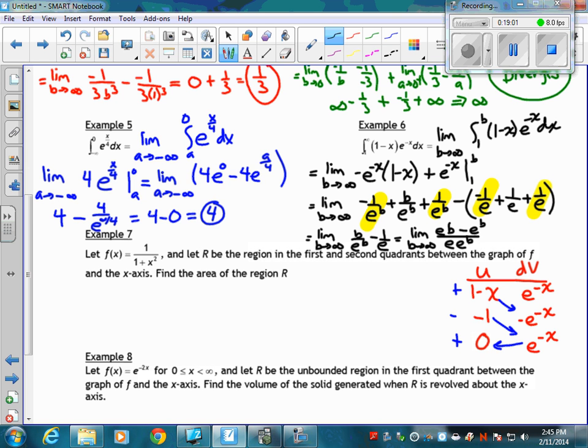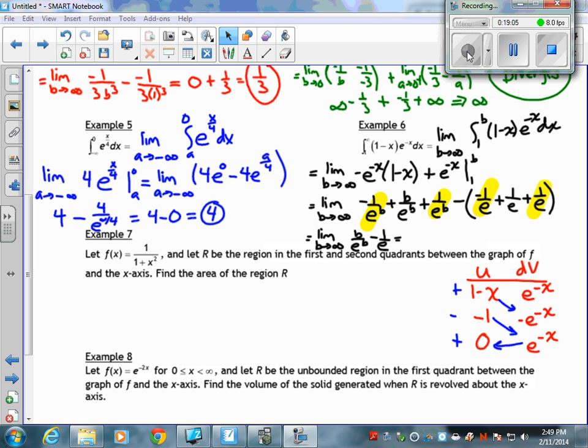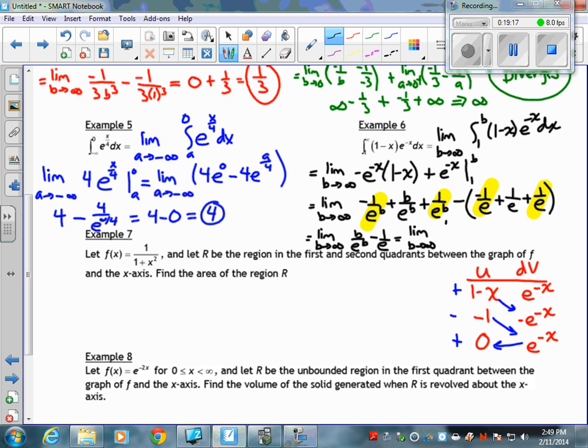Sorry, I've erased my last step. I don't want to actually make this into two fractions. I want to look at it individually. This first term is the limit as b approaches infinity of b over e to the b. And the second term, because there's no b in it, is just going to be 1 over e.